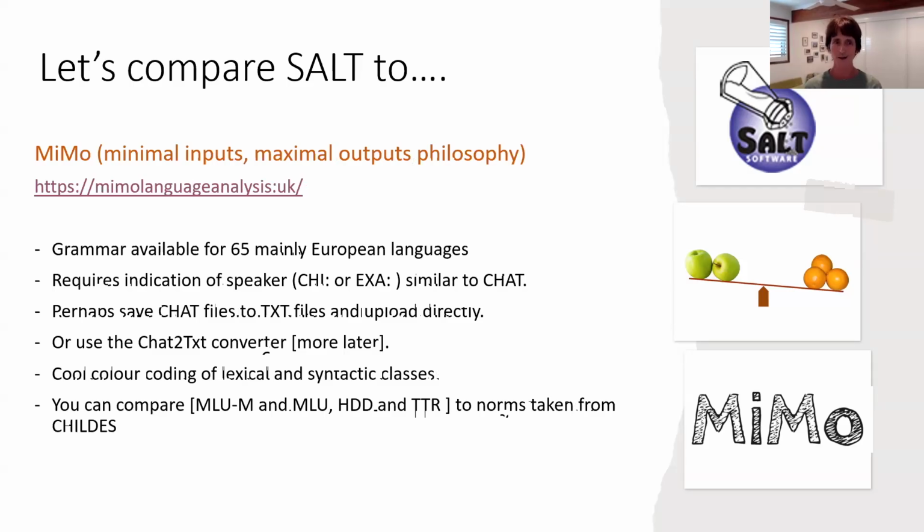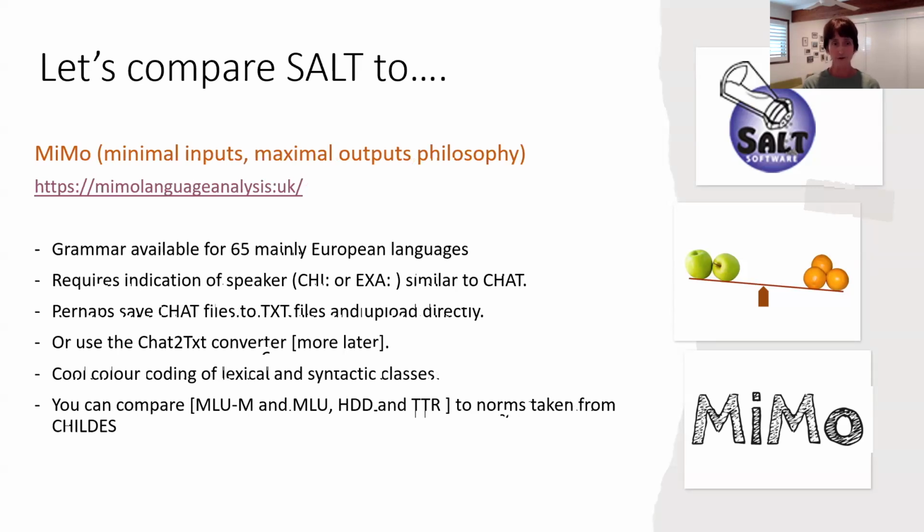There's a really cool color coding of lexical and syntactic classes, and I'm thinking it may help you identify those semantic and grammatical classes quite easily. I haven't checked for accuracy yet. And then you can compare to norms taken from CHILDES. So remember, that's TalkBank, and that's what CLAN can do as well.